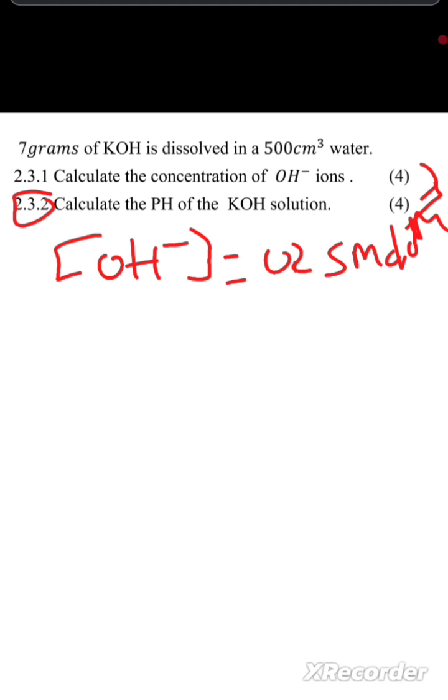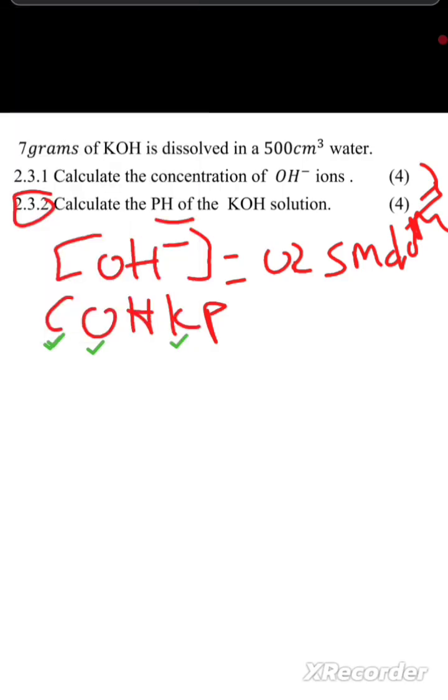Now, to find the pH, remember we're still following what? We're still following cook the base. I already know the concentration of the base. I know the concentration of OH minus. Now we have to use the Kw formula so that we can get to our pH, right?